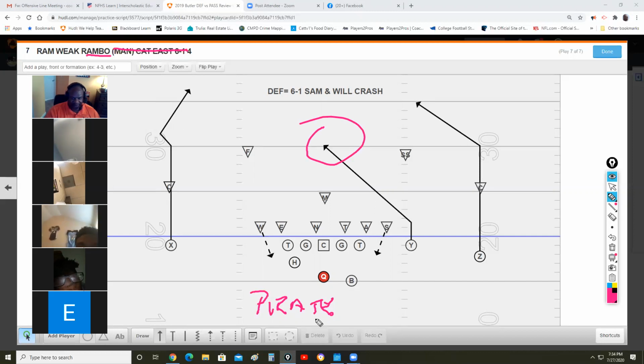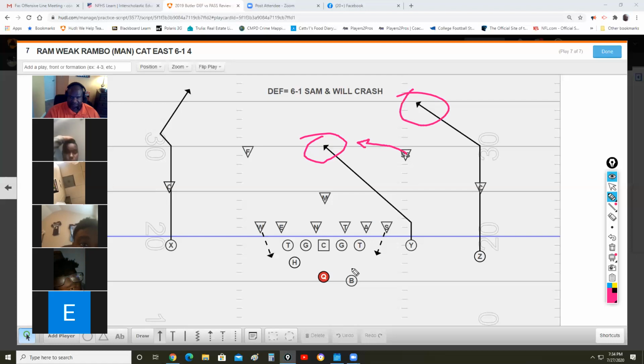Okay. This play against this defense will score if we give them proper protection. Okay, you know why? Who's gonna play that guy? Somebody call it out. Strong safety. Touchdown.